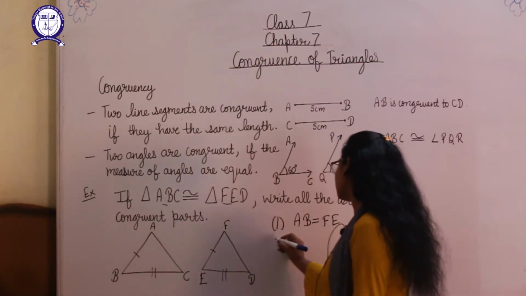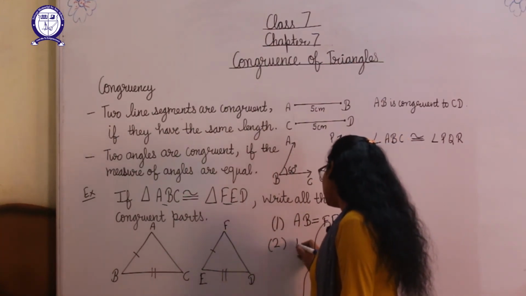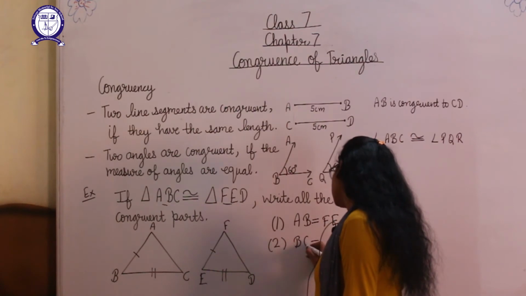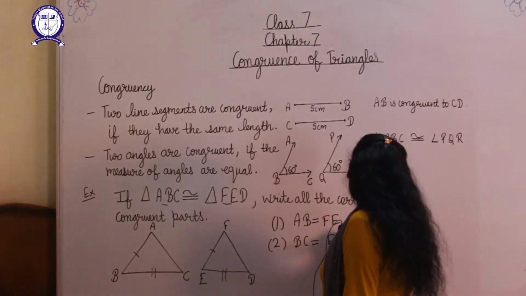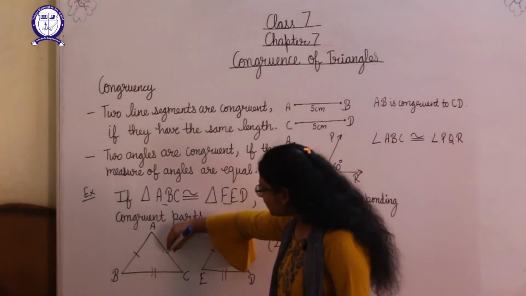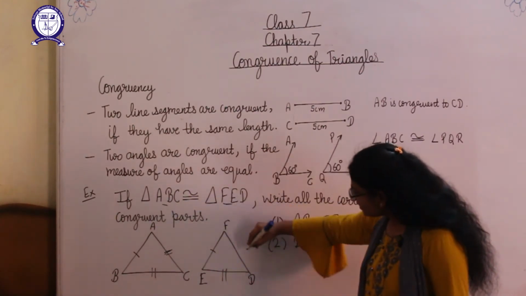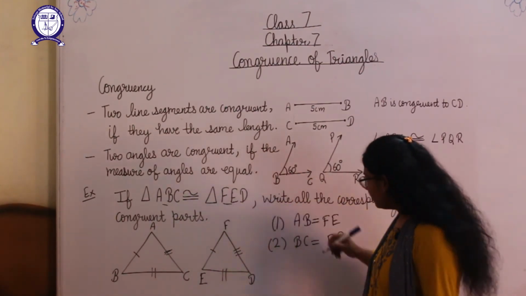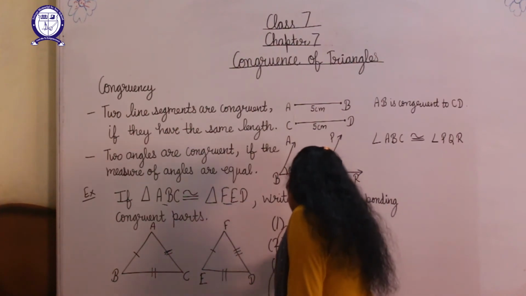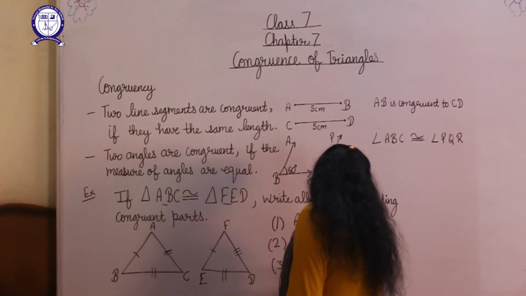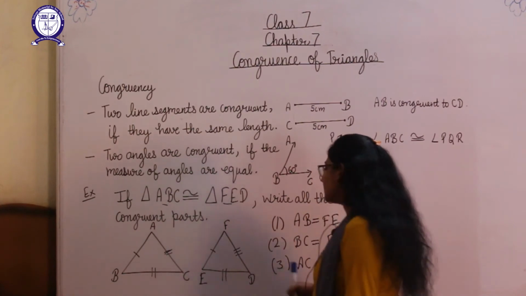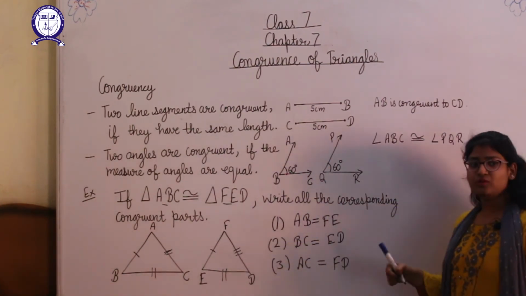So the second one is BC equals ED. Now the next one is the third line, this is AC and this is FD. So the third one we write AC equals FD. These three are the lines which are congruent to each other.